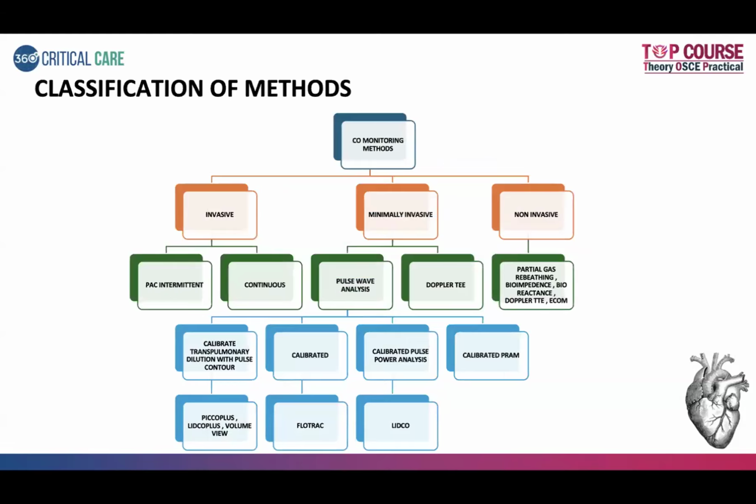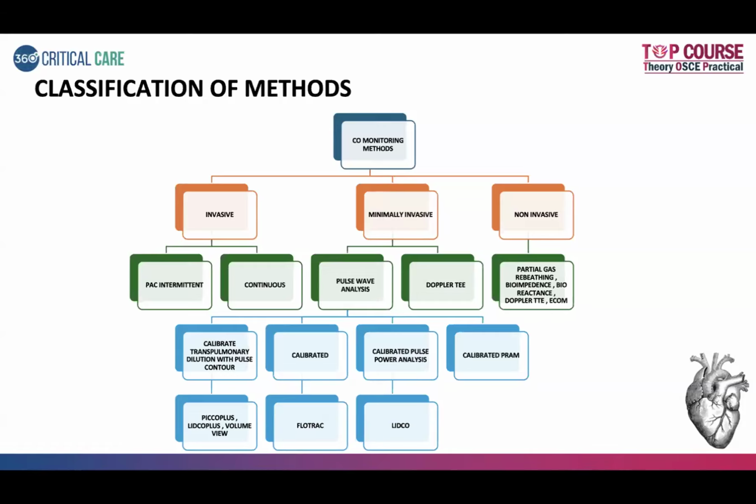And the second way of classifying the methods is based on invasiveness. Invasive would be the pulmonary artery catheter using the pulmonary thermodilution technique. It could be intermittent or continuous. Coming to minimally invasive techniques, where we just use an arterial line with pulse wave analysis, or we use a transpulmonary technique using a CVC and arterial line.